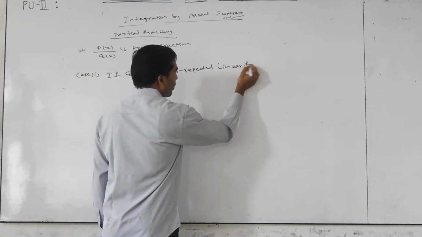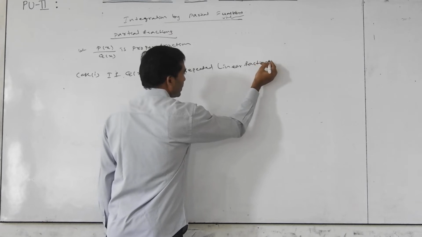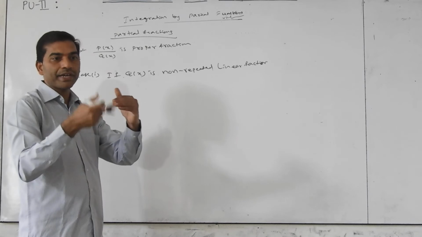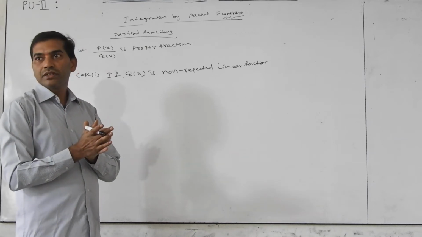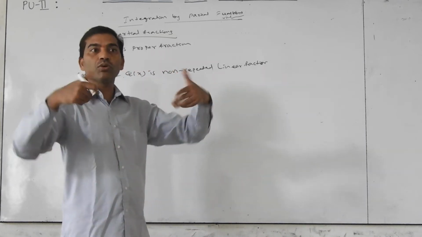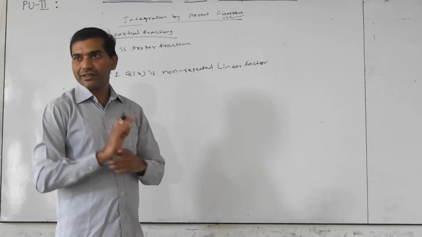What is the meaning of non-repeated linear factor? Linear means the degree should be 1, and non-repeated means x minus 2, x minus 3, not repeated. x minus 2 whole square would be repeated.